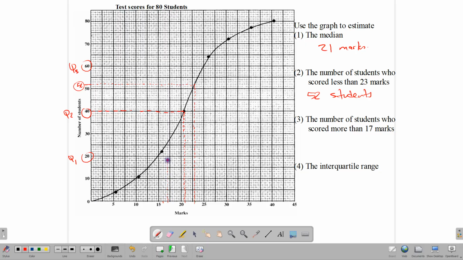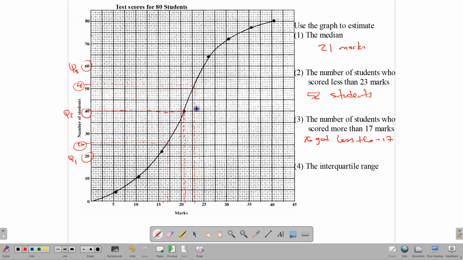Boom, here. We're going to go across. Remember, you need to stop on the curve and go across. What it's telling me here is that this is 20, so this is 25, 26. It's telling me that 26 students got less.